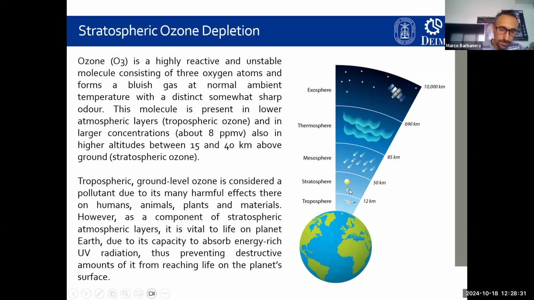So typically in impact assessment methods, we can have two different kinds of impact categories about this theme: stratospheric ozone depletion, and the impact category associated with the tropospheric ozone, which has different names in impact assessment methods.